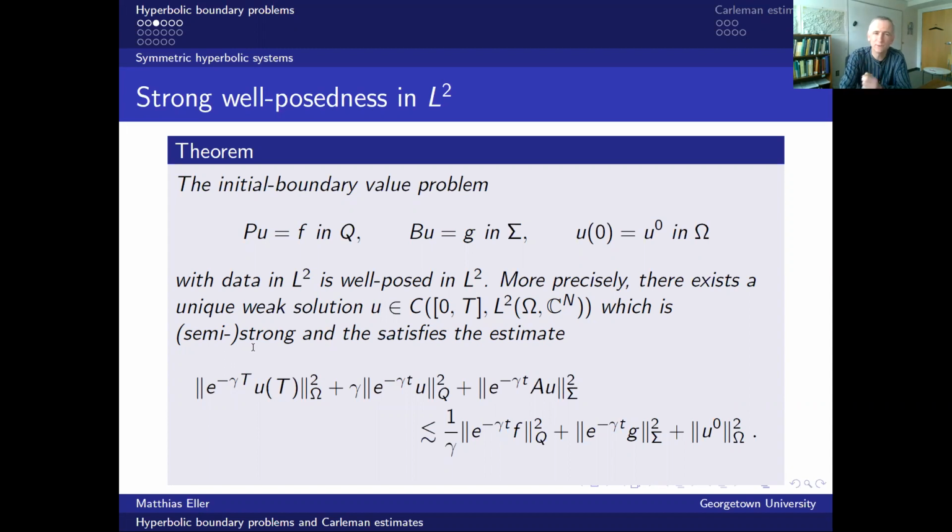That means it's the limit of more regular solutions and satisfies my estimate. So the third term is somehow of interest because that tells me some boundary traces actually exhibit higher regularity. And this is not implied by the trace theorem in Sobolev spaces. The solution is only in L2. Yeah, so this is strong well-posedness.